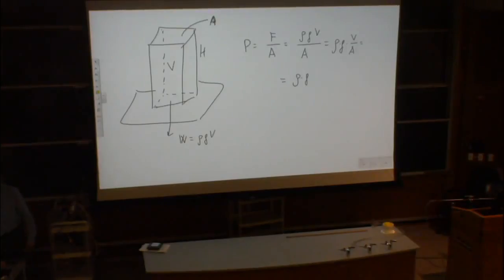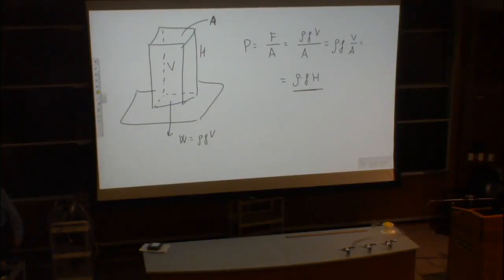How can we relate height, area, and volume? So volume divided by area equals height. This is a standard expression we can use for calculating pressure of any fluid. It doesn't have to be water.